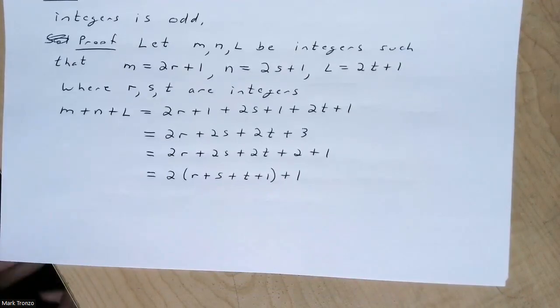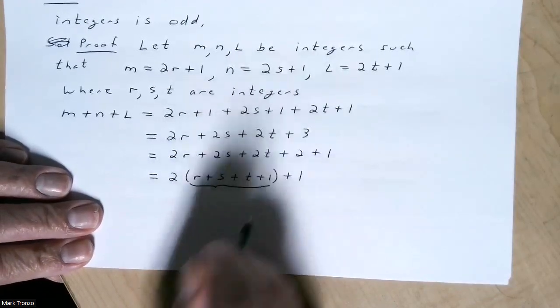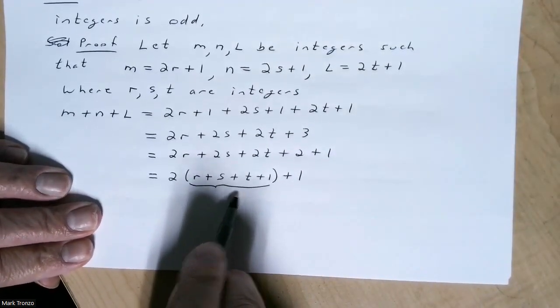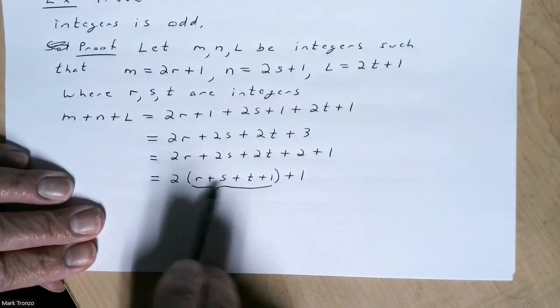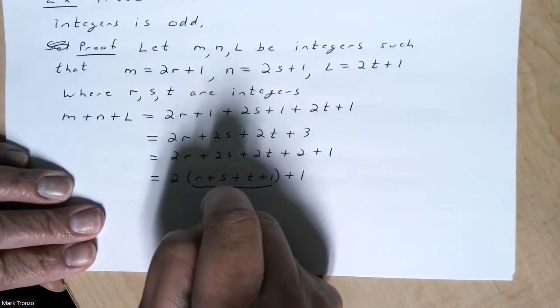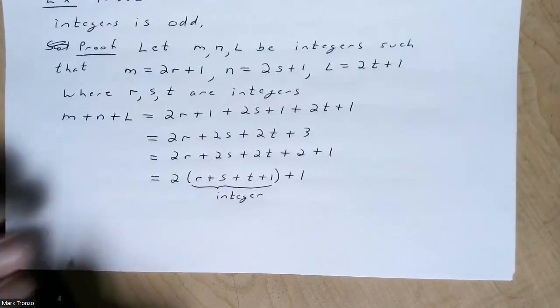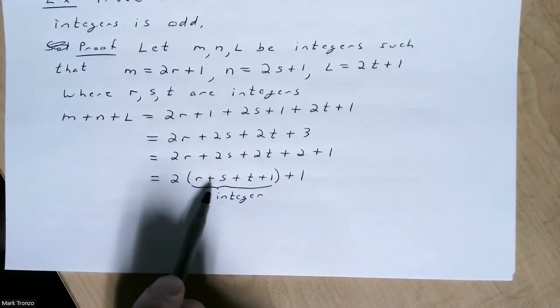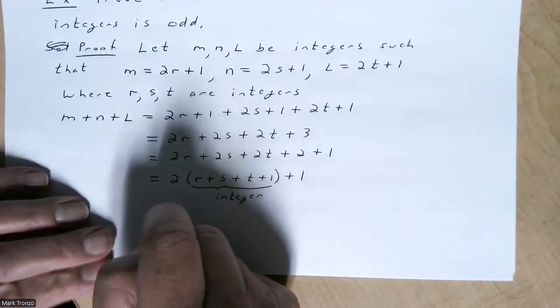Like this. And notice, remember, the sum of integers is an integer. So this group right here has to be an integer because each of these individual terms are integers. So this is an integer. And so we have 2 times an integer plus 1. That's the definition of an odd number. So therefore, this is odd.